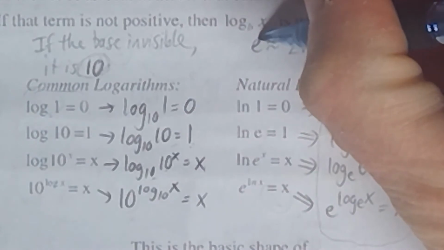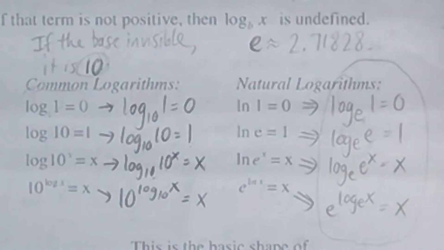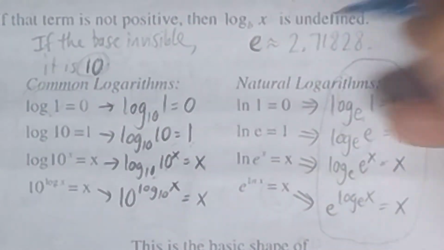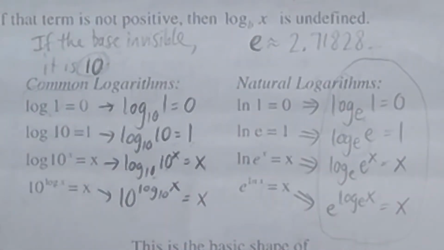Don't worry, you don't need to memorize that number right now. Just know that it really is equal to that. It is equal to a constant number, but it is a very commonly used number going forward in future algebra classes if you were to take them. And so that's why we learn about it.